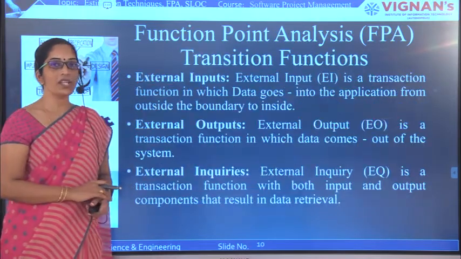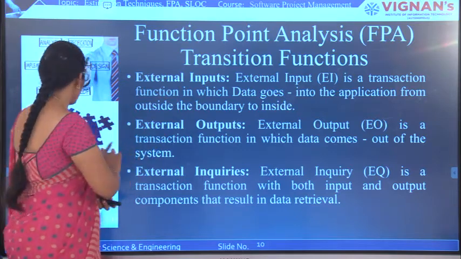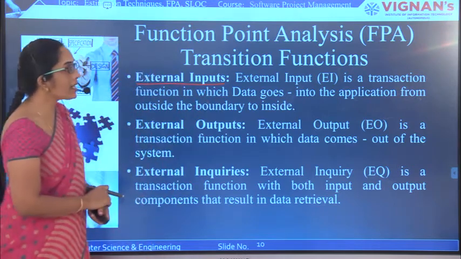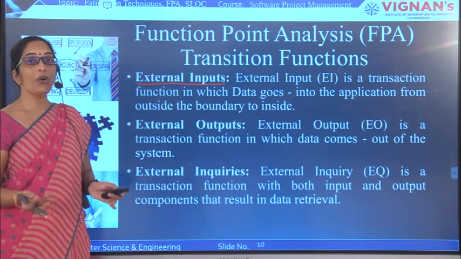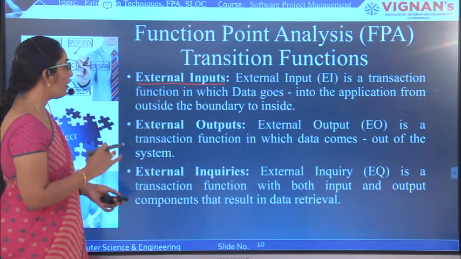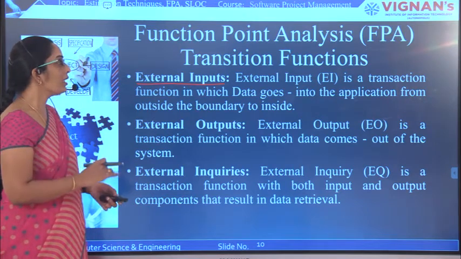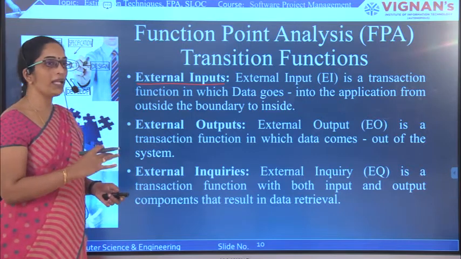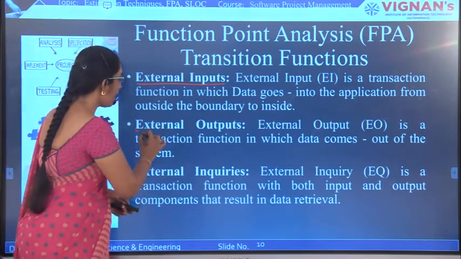The next functions in function point analysis are transaction functions. Transaction functions consist of external inputs. An external input is a transaction function in which data goes into the application from outside the boundary to inside. That means the input that you are giving goes into the application from outside. The next one is external outputs.